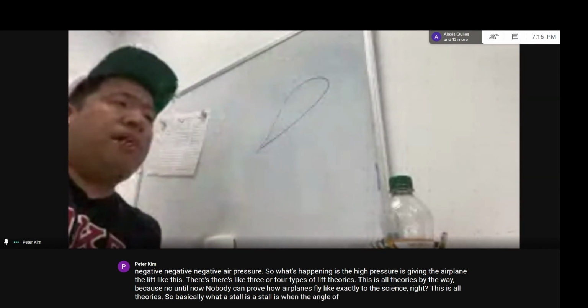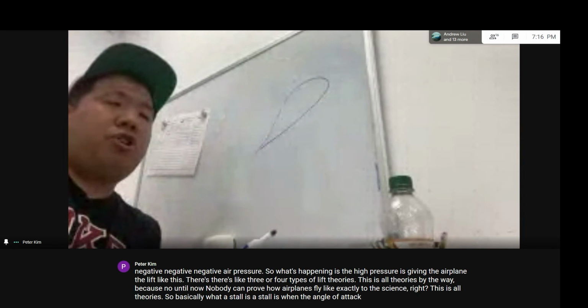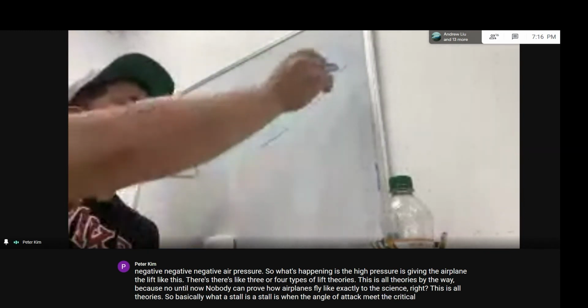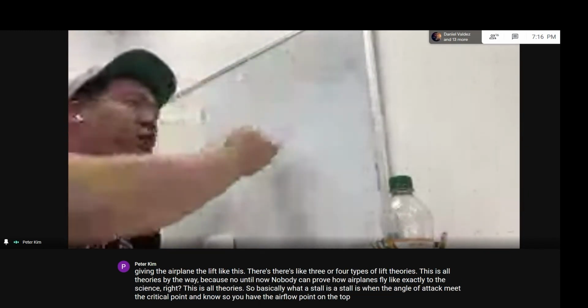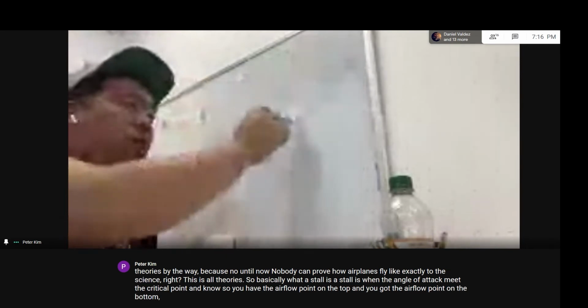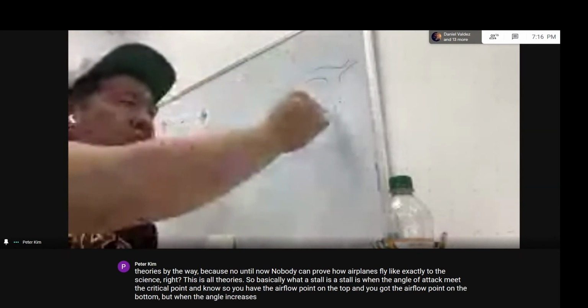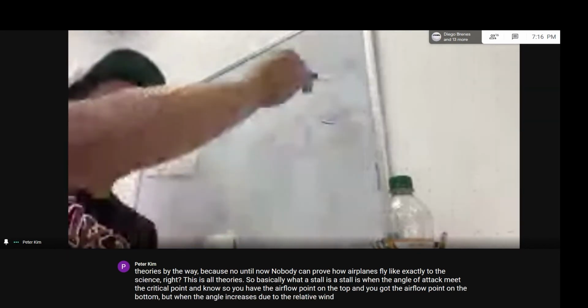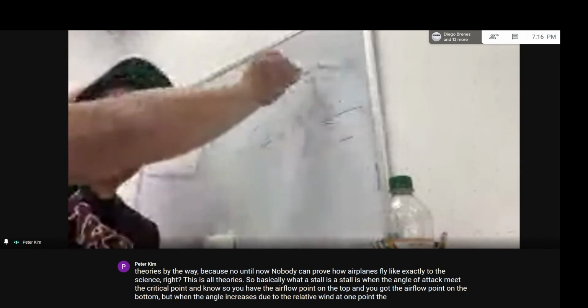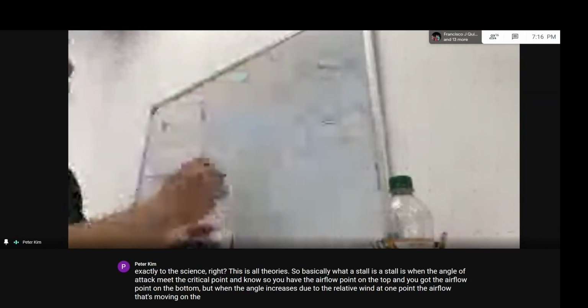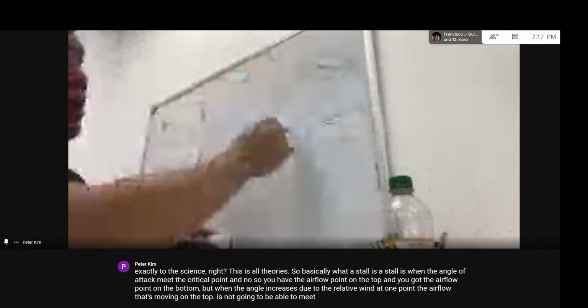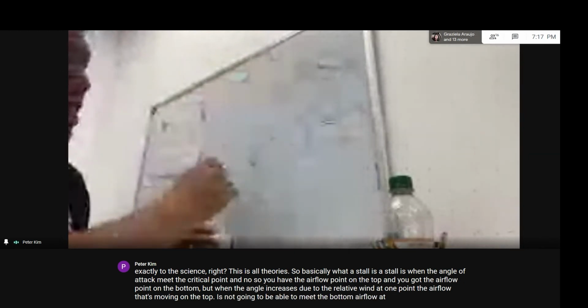So basically, a stall is when the angle of attack meets a critical point. You got the airflow flowing on the top and the airflow flowing on the bottom. But when the angle increases due to the relative wind, at one point the airflow on the top is not going to be able to meet the bottom airflow at the end.